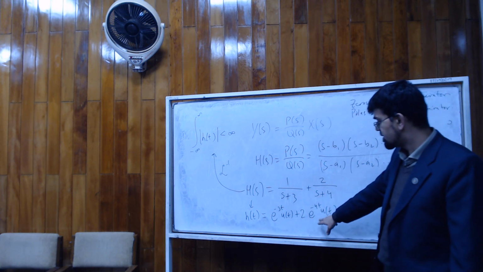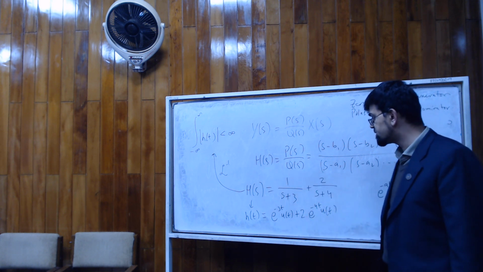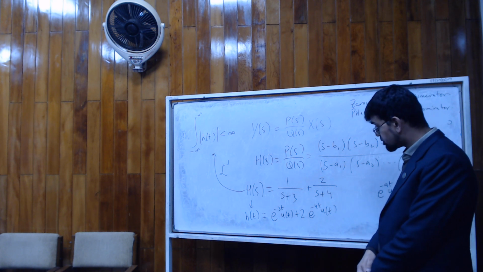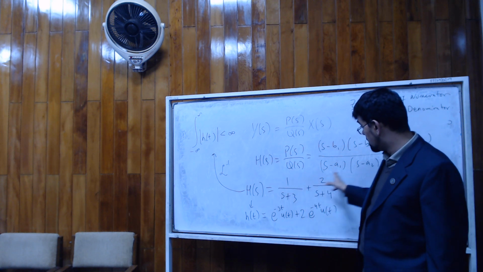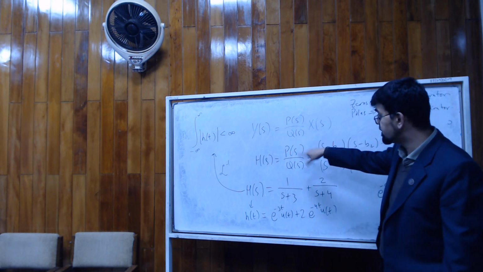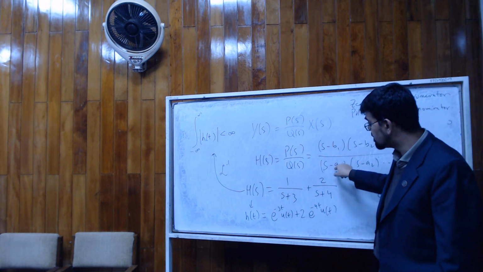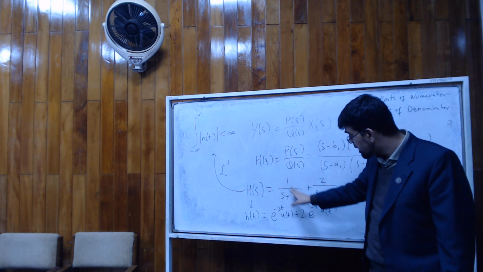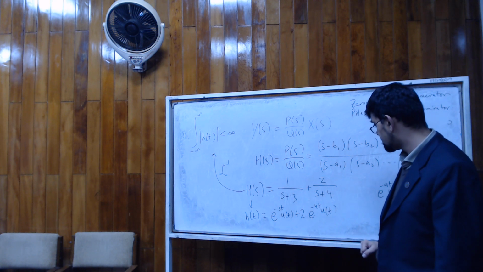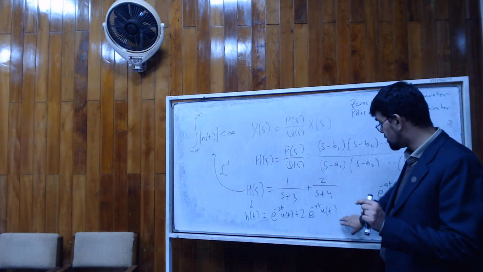Can you link this thing to the poles? What are the poles here? Poles are the roots of the denominator, which make this whole thing infinite basically, right? If I put s equal to a1, then s minus a1 becomes 0, and this thing becomes infinite. Here, what are the poles? -3 and -4, right? Do you see them somewhere over here?